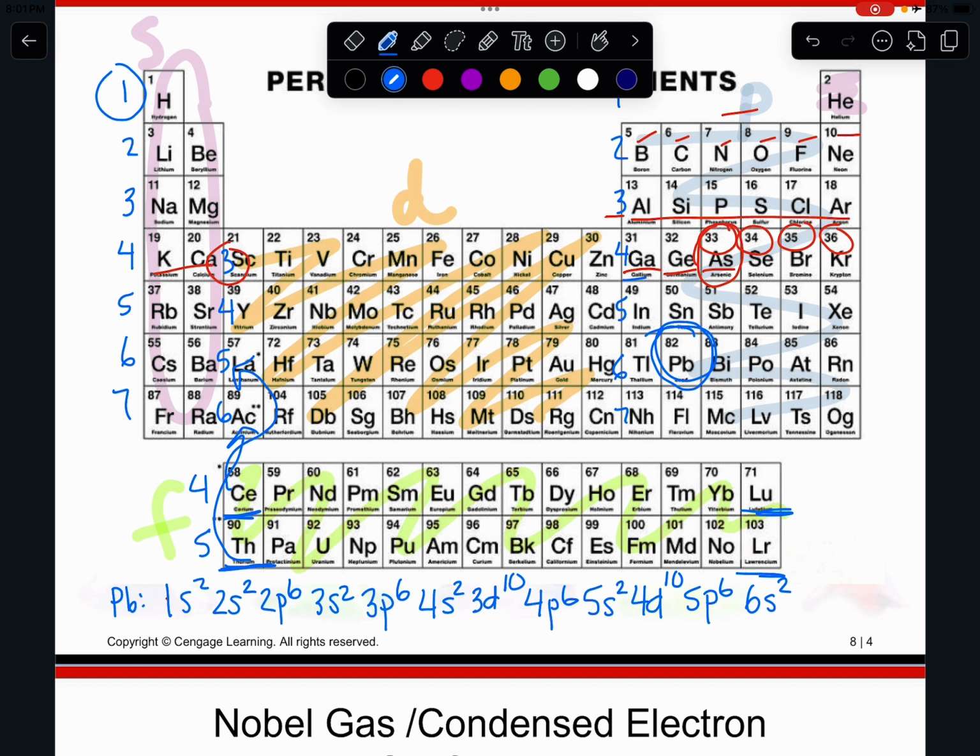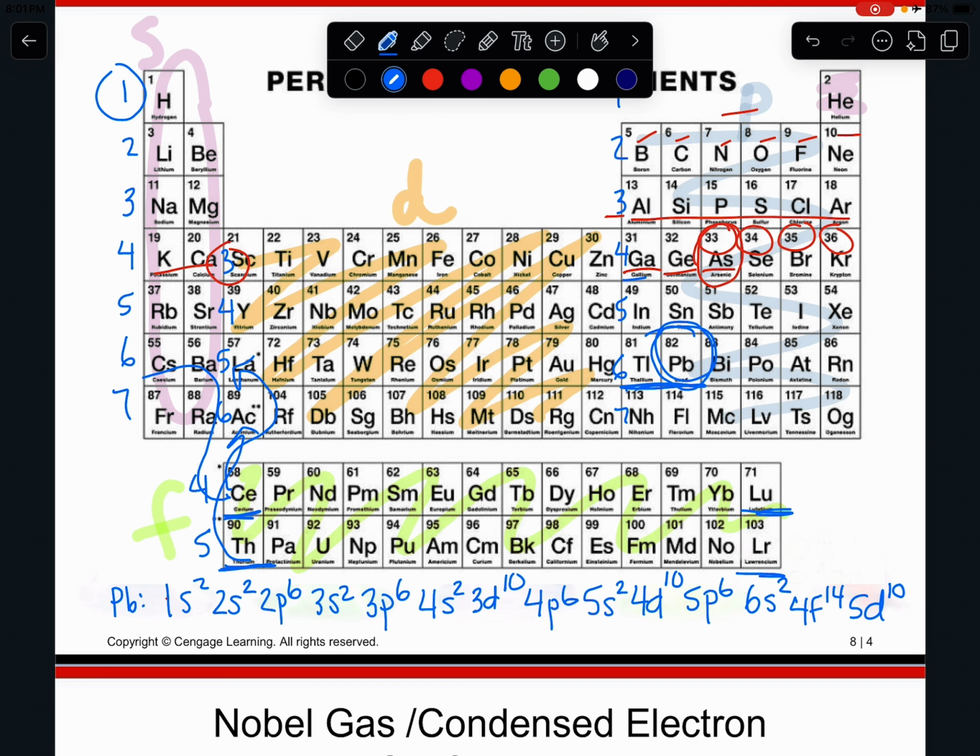Then from the 6s, you're going to have to remember this, it goes and pops down to the 4f. So 6s2, 4f, and there's 14 electrons that belong in that sublevel. And then we go back and do the 5d. So you have to remember 6, then the 4, then the 5d10.